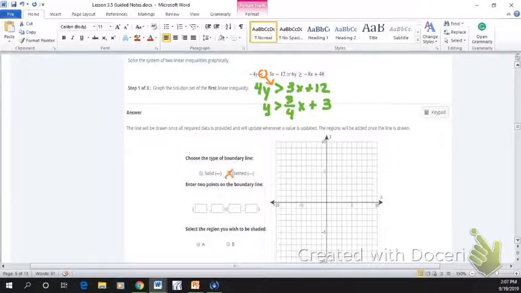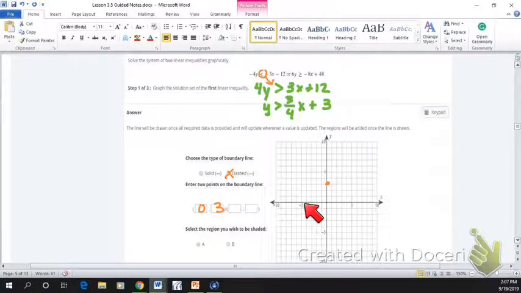So I selected this, and now I need 2 points on that line. 0, 3 would be my y-intercept. And then you go up 3 and over 4. So let's go ahead and plot that point. And now you can either go up 3 or down 3. Down 3 is going to land you right on the axis, so that's the way I'd go. But then you've got to go over 4, to the left, so 4, 0, right?